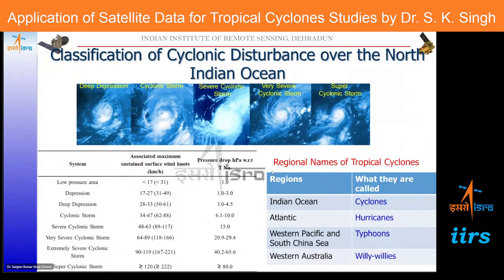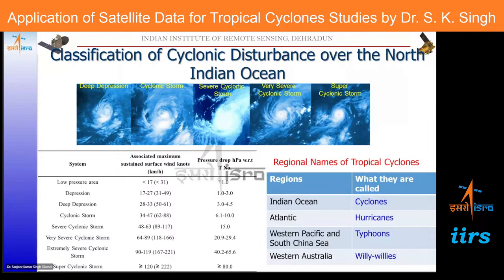If any disturbance happens, it is called a low pressure area, and based on the wind speed and pressure drop, it is categorized. If the wind speed is less than 31 kilometers per hour, or less than 17 knots, I have used knots because it is universally used all over the world, then we call it a low pressure area.